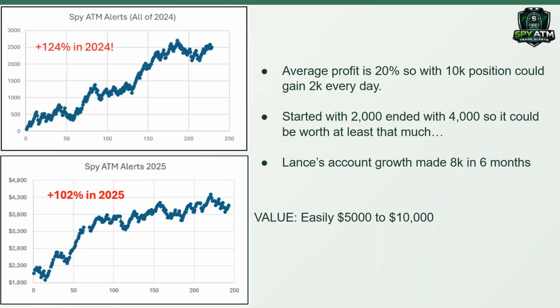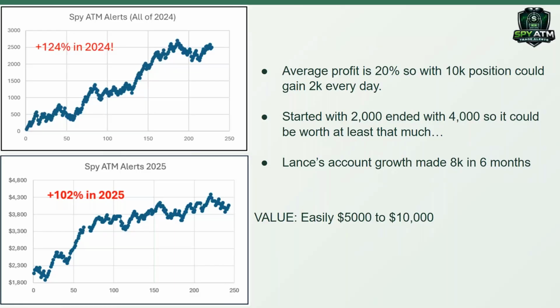Just as an example here, these are the curves that I showed at the start of the presentation. Imagine you're trading a $10,000 position. You have a large account, say a $200,000 account, and you want to try this using $10,000 positions. That's $2,000 profit on the winning days, which is 8 out of 10 days.